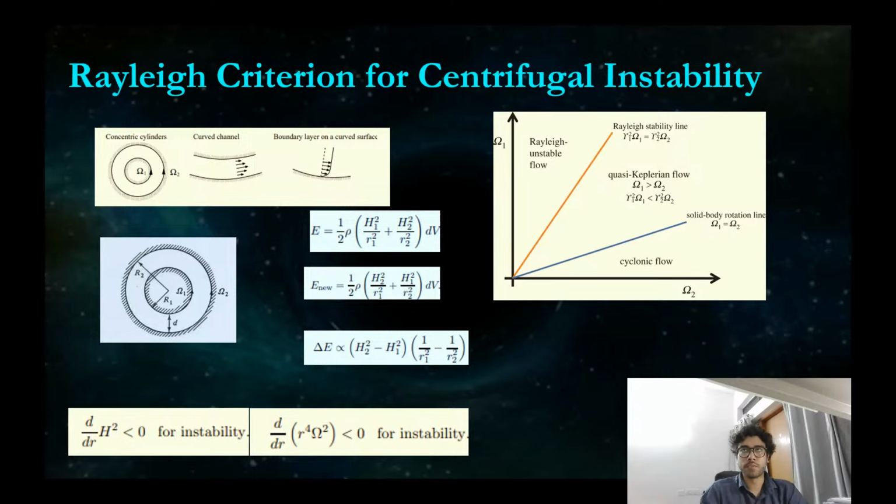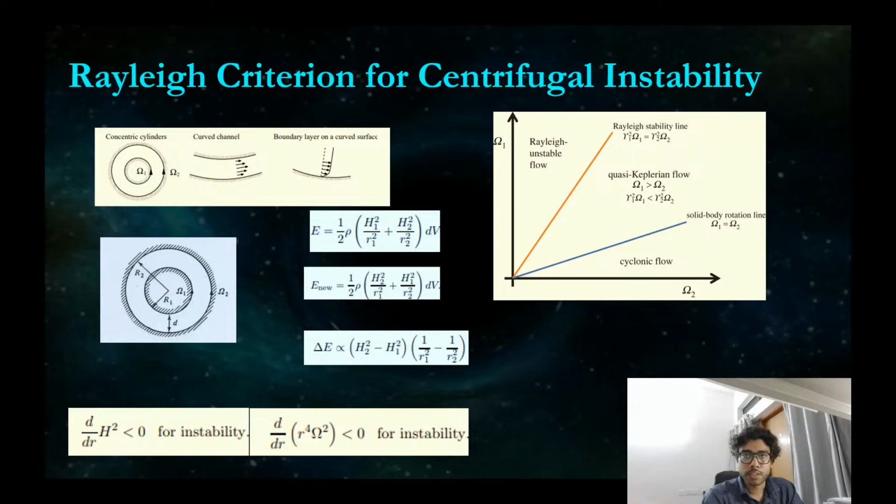visualize viscous forces. Like, for example, you have honey, right? So, honey is more viscous than water, right? So, if you have a jar with the water, and if you have a jar with the honey, and if you rotate the jar, it's more likely that the honey will rotate together, right? It will have a solid body rotation, right? Whereas in the case of the water, since the viscosity is less, different layers of the water, different shells at different radius of the water might have different omega, different angular velocity.